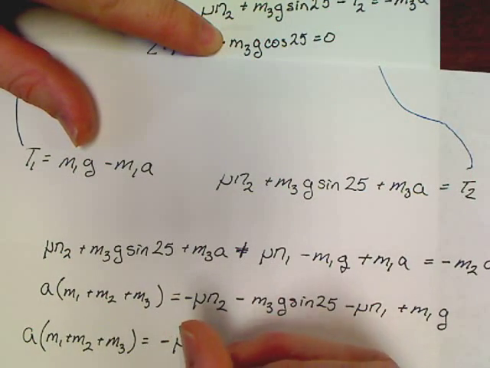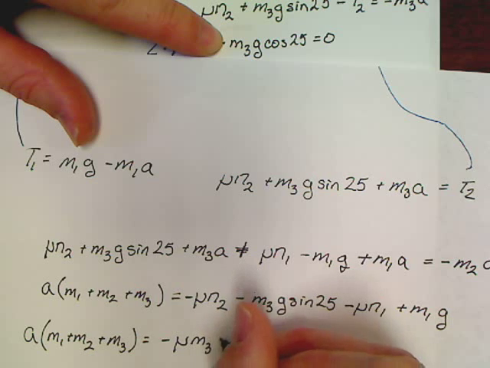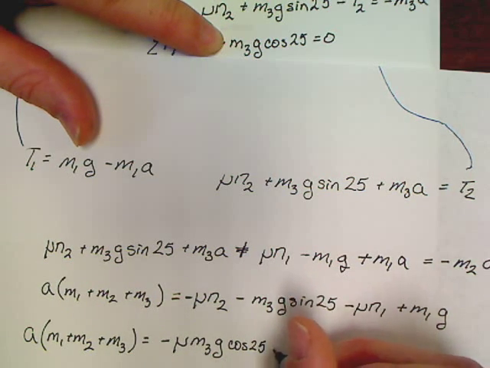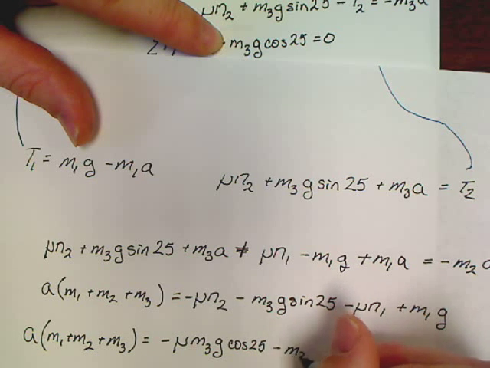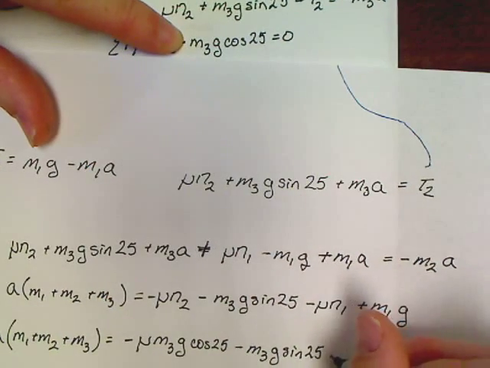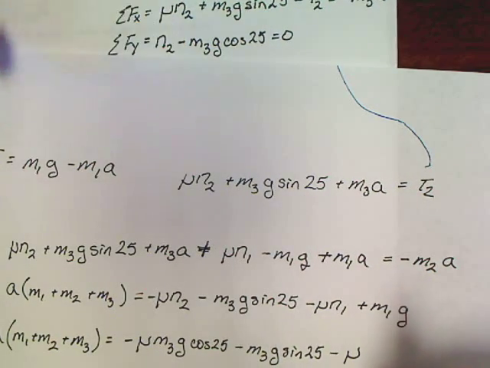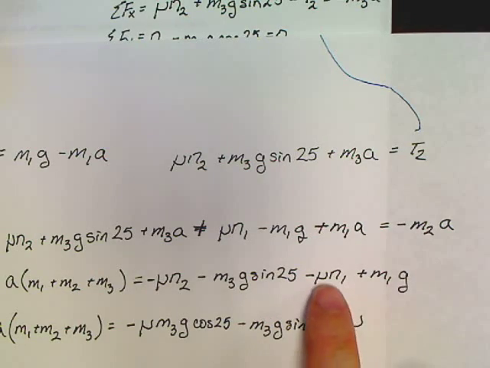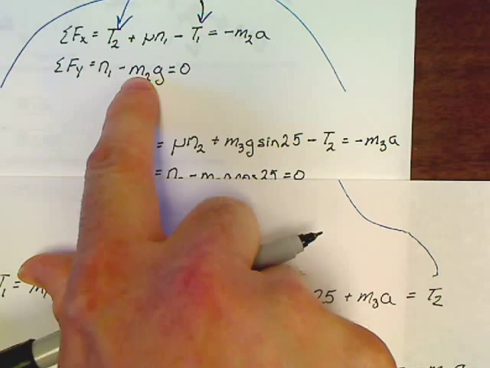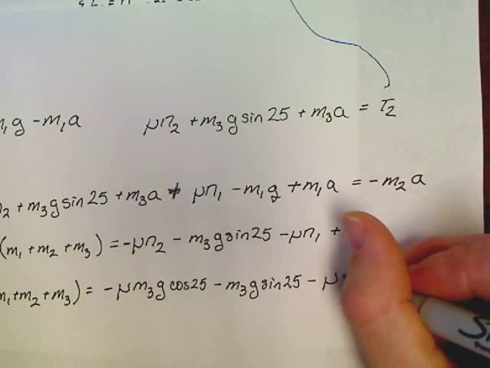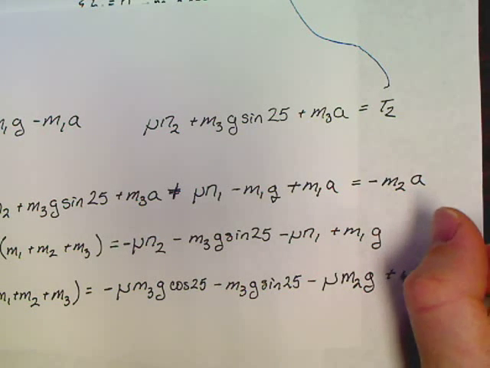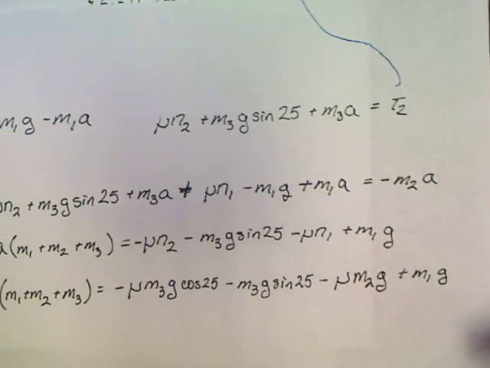So this is going to be negative M3G cosine of 25 minus M3G sine of 25 minus mu times N1. Good grief. N1 is just M2G. Thank goodness. Plus M1G. Cool.